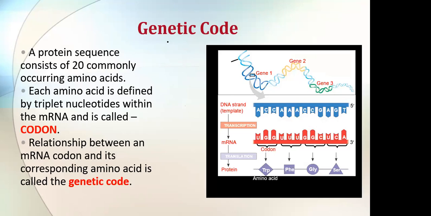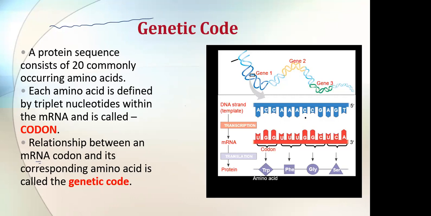Okay. Next, the genetic code. This chapter is really big. The genetic code is the relationship between the mRNA codon and its corresponding amino acids. The mRNA is carrying all the coding sequence. Remember that on DNA, the nucleotide sequence is adenine, cytosine, adenine, guanine, thymine, right?